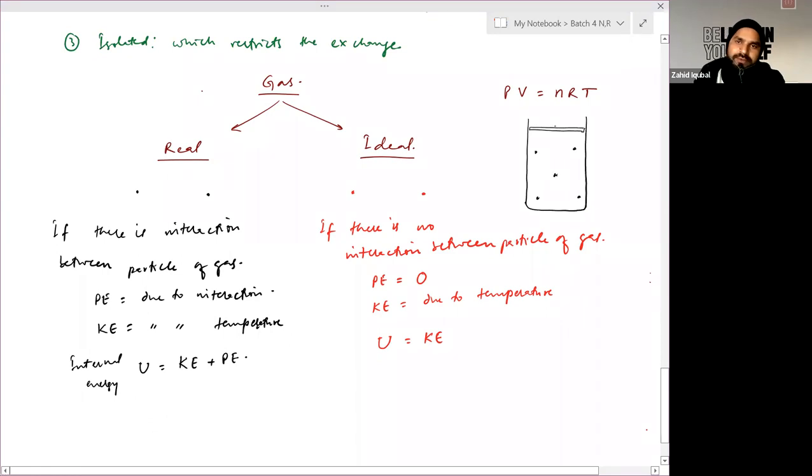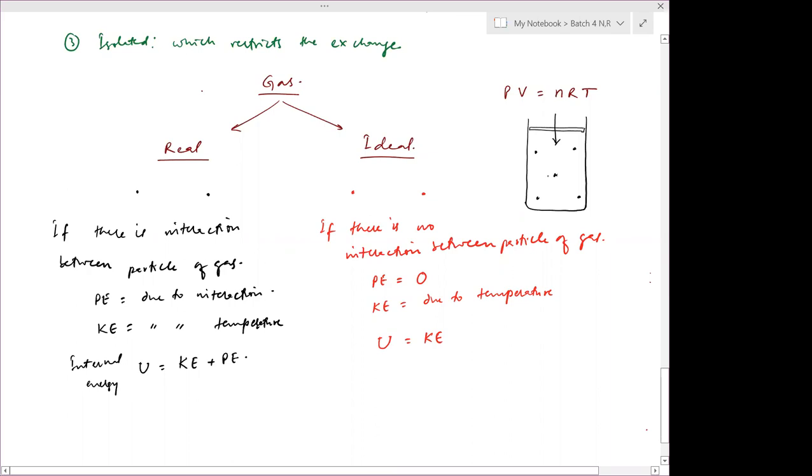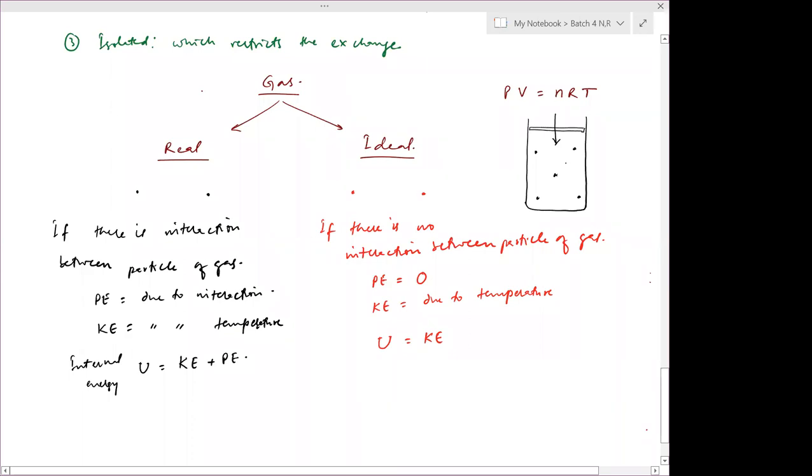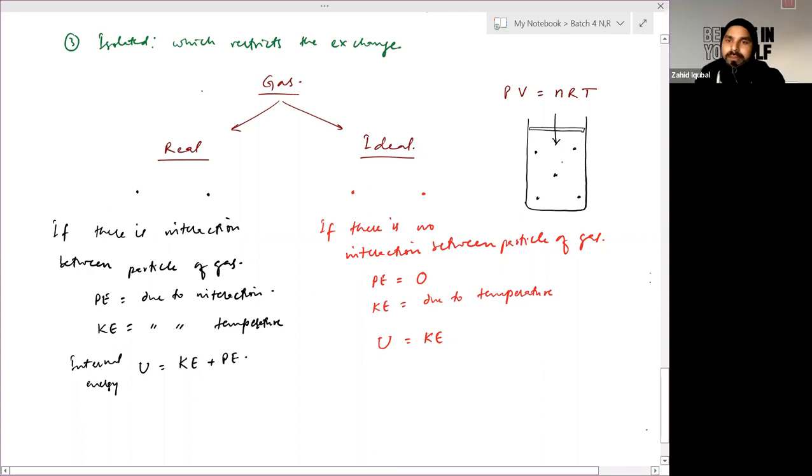So what will happen if you compress this piston slightly downward? Will the separation between particles increase or decrease? Decreases, sir. So on decreasing separation between particles, does the force of attraction between them increase or decrease? Increases. Good. So if you have to decrease the interaction between particles, you must increase the separation between them. Is it clear? Yes, sir.